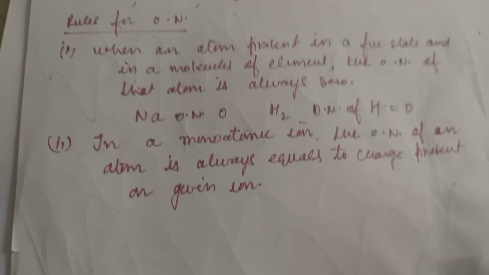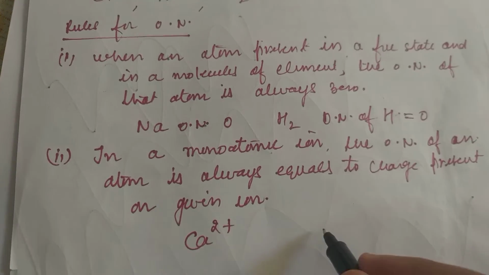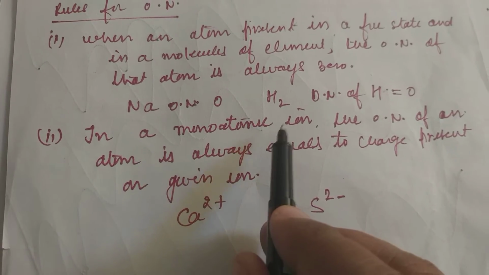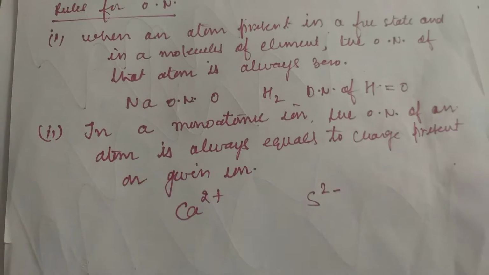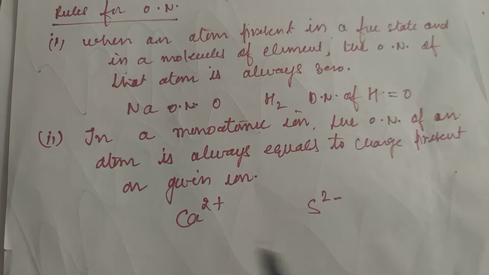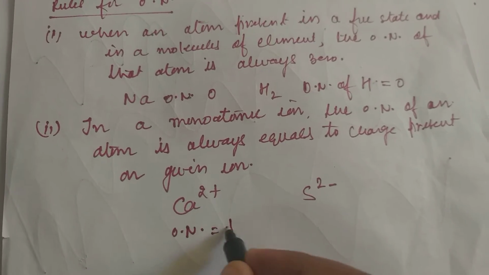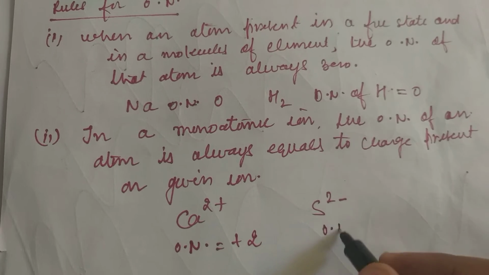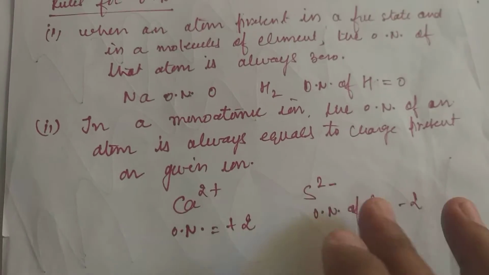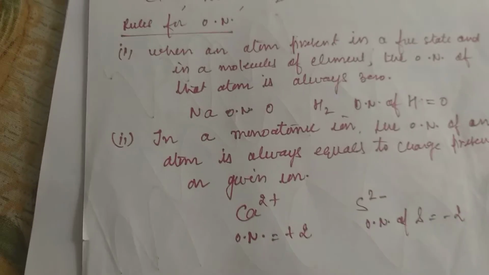It means Ca2 plus and S2 minus. Monoatomic means when an ion contains only one atom. Calcium, one atom. Sulfur, one atom. So in such cases, the oxidation number of calcium here will be plus 2 and the oxidation number of sulfur here will be minus 2. In the same way, we can find out the oxidation number of any ions.